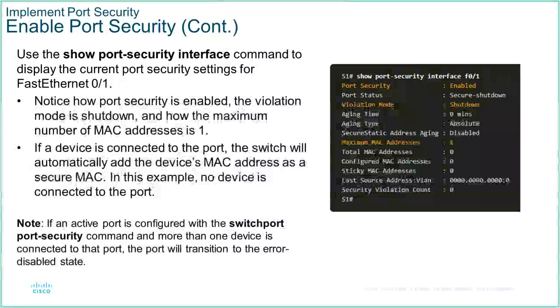So if somebody swaps the device out, a new MAC address appears and the port gets shut down. Now this shutdown is error disabled, which means we have to manually go in and shut the port down and then no shut it.